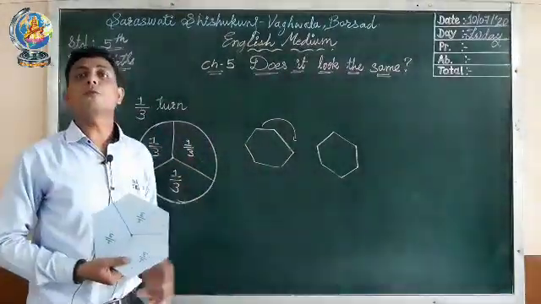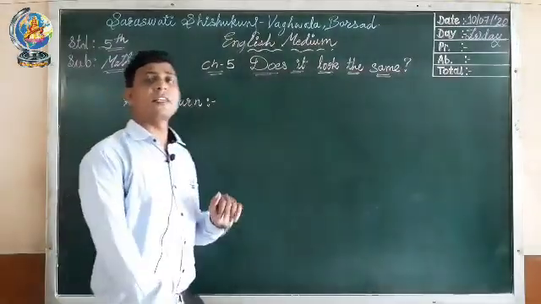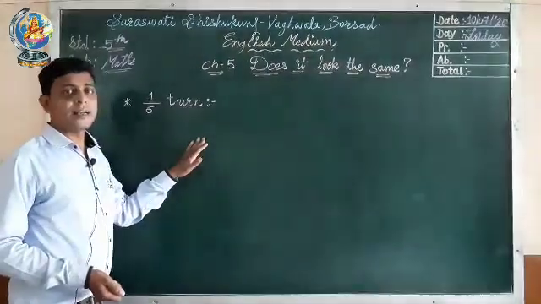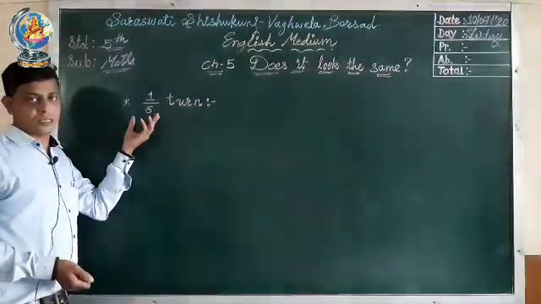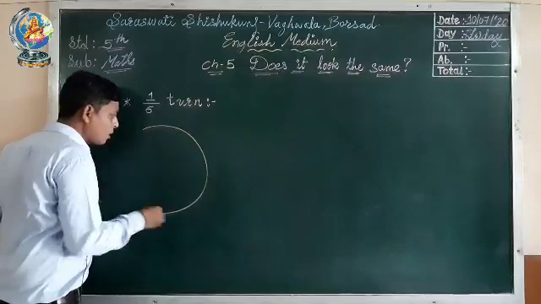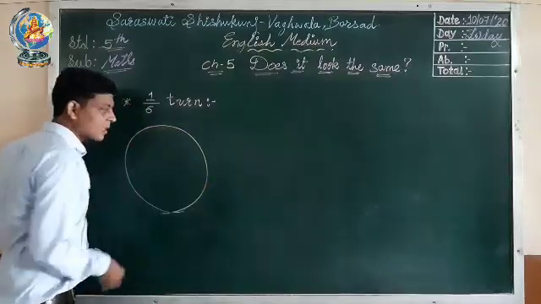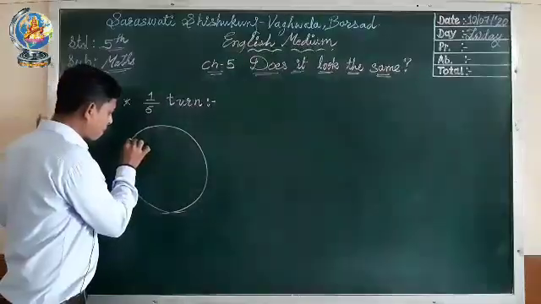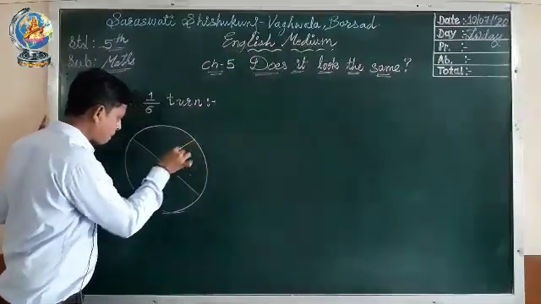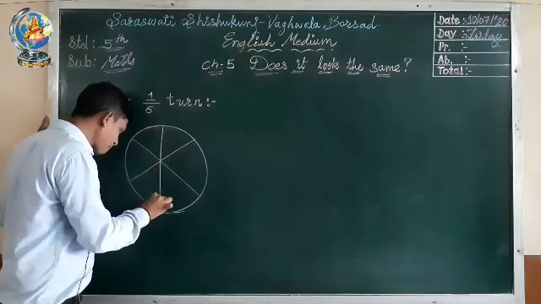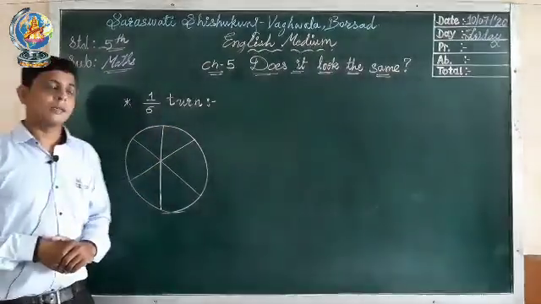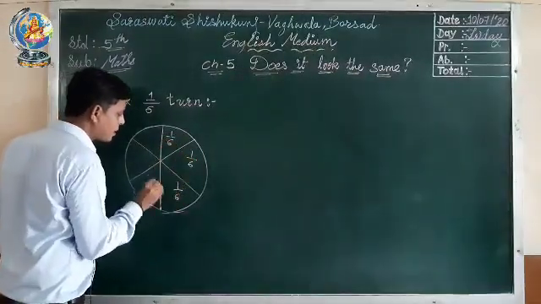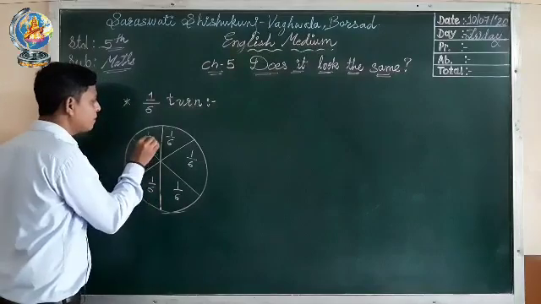Now we will move to next. Now next topic is 1/6 turn. Before we learn 1/6 turn, let us understand what is 1/6. So suppose this is a whole, and if I divide this whole into 6 equal parts, 1/6, 1/6, 1/6, 1/6, 1/6 and 1/6.